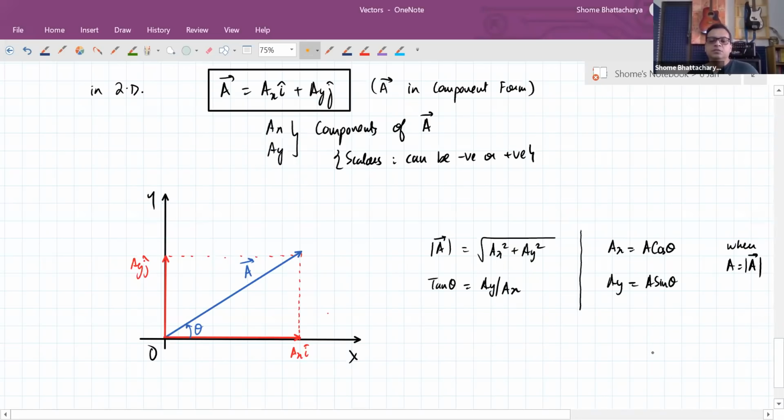So this becomes an important set of formulae for us. The conversion of a vector from geometrical form to component form in 2D or vice versa becomes like this. So this is conversion from geometrical to components. That one is conversion from components to geometrical form.